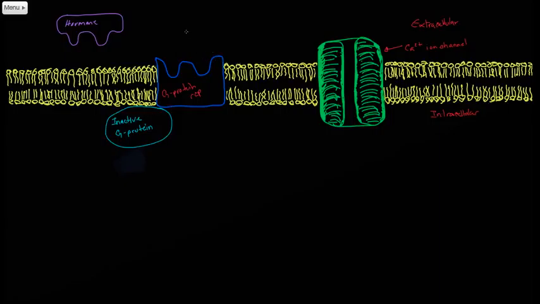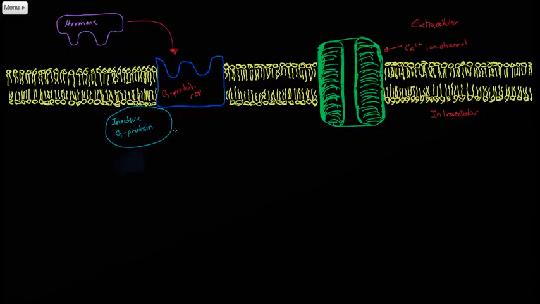Okay, so let's see what happens when this hormone interacts with this G protein receptor. As the hormone travels along, it meets the G protein receptor and it binds. Now remember that before it binds to the receptor, the G protein is inactivated.